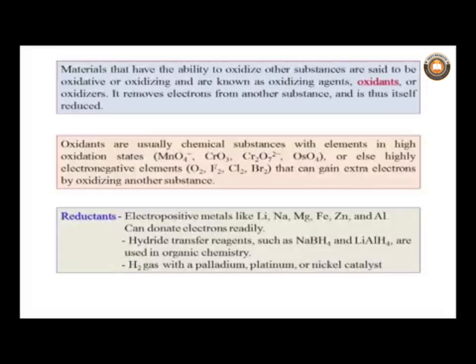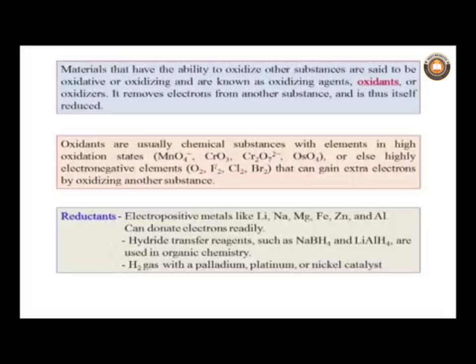If we have some species like MnO4 minus, that means the anion derived from potassium permanganate, which is KMnO4, or some other metallic species or metal oxides like osmium tetroxide, we can assign the corresponding oxidation states that Mn has, that chromium has, and that osmium has.